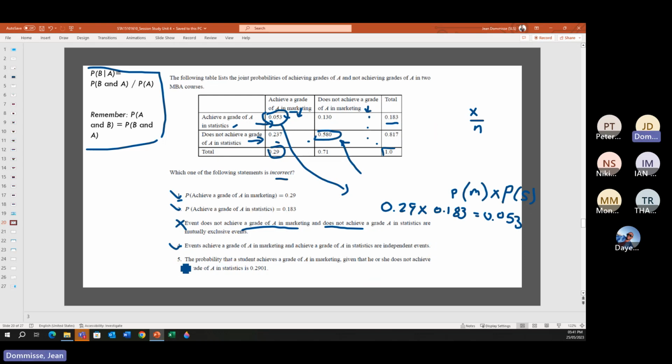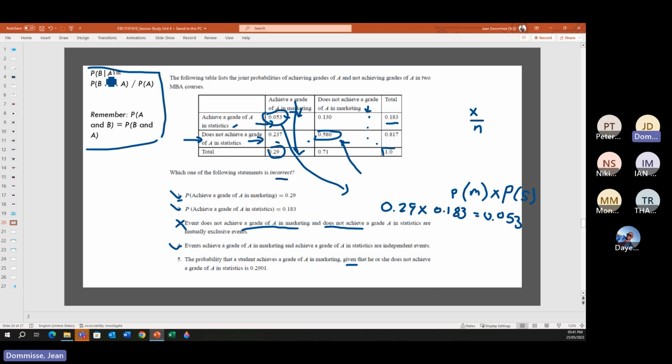Okay, and then the last one is, what's the probability that a student achieves a grade A in marketing, given that he or she does not achieve a grade of A in stats. Okay, so if we look at this formula, they tell us the word given.